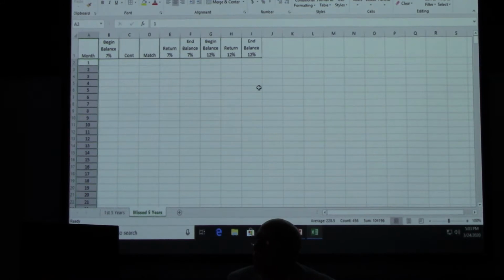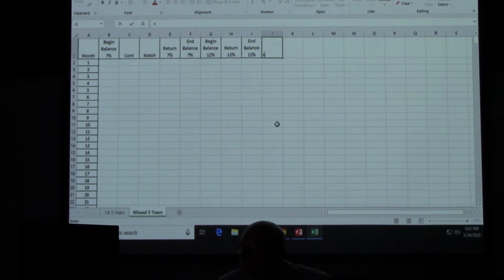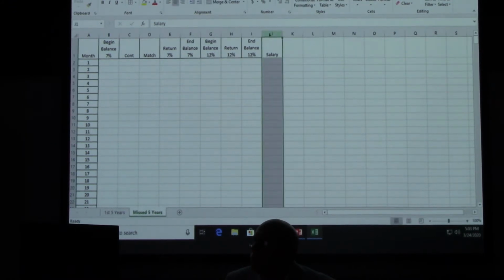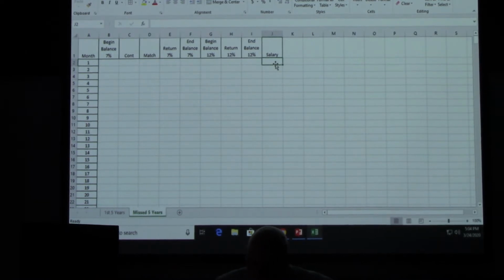Okay, and let's do our salary. Go ahead and box around that, and it's our monthly salary, and so it's going to be equal to 70,000 times 1.05 divided by 12.